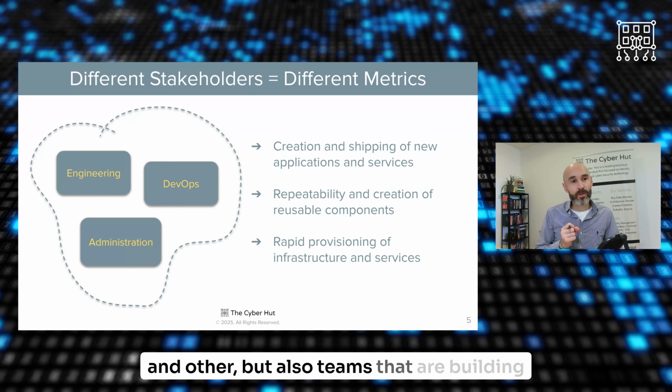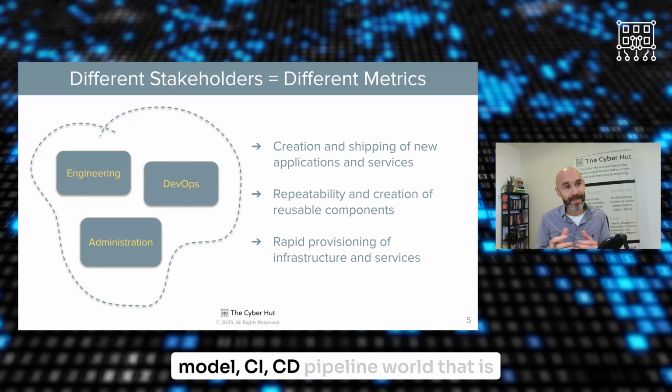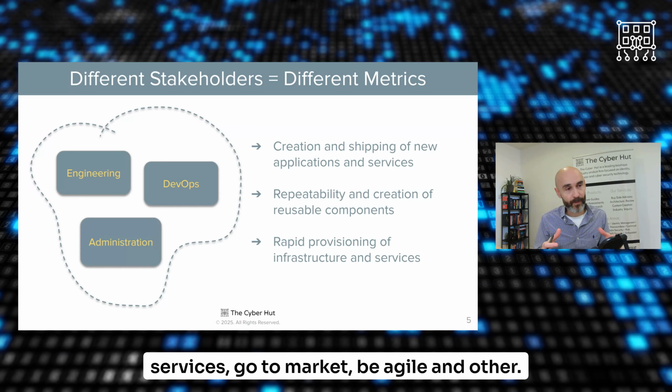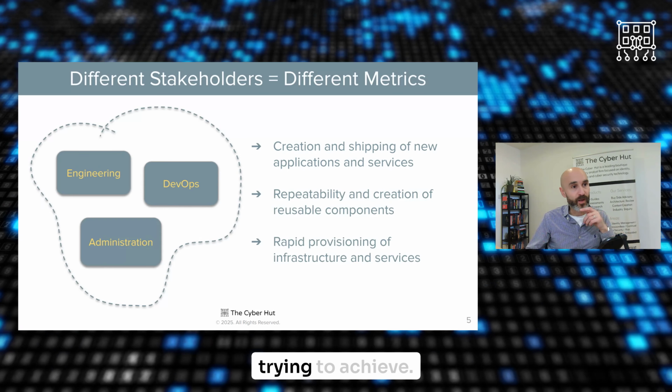But also teams that are building things. So engineering, coders, the DevOps support model, CI/CD pipeline world that is effectively allowing organizations to build services, go to market, be agile, and other. So this production stack view is essentially much more in line with what the business is trying to achieve.